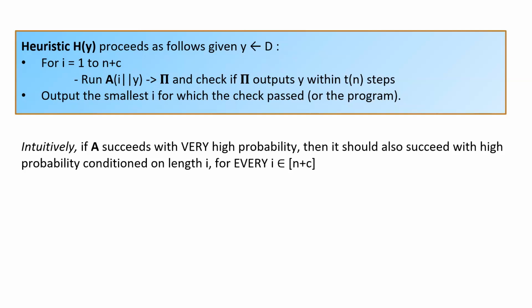Finally, we simply output the smallest index on which this check passes. Or if you're looking for a search algorithm, you just output the program itself. Intuitively, you will think that if this inverter works, this heuristic should work.